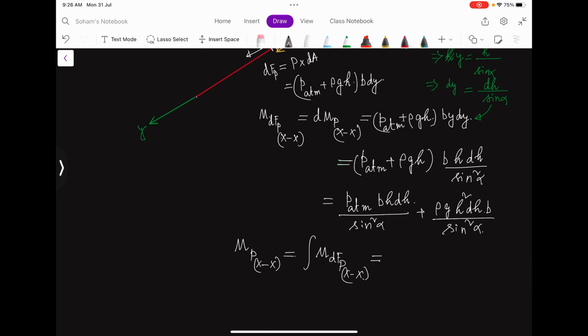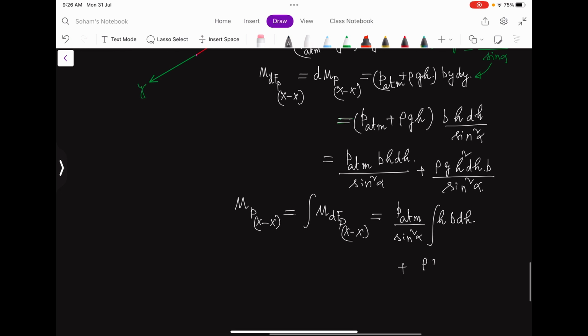So if I integrate, this PATM is constant, this sine square alpha is constant, so this becomes h b dh, right? Plus rho g is constant, and this h square, and by sine square alpha is also constant, so this becomes h square b dh.